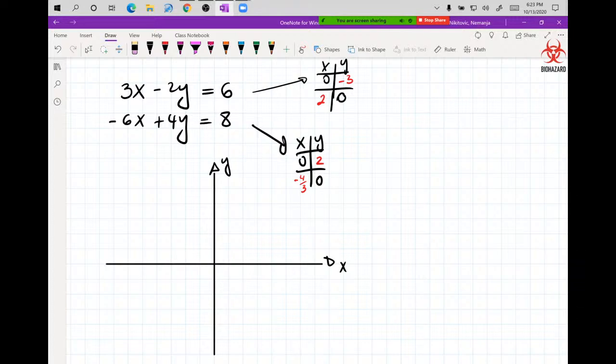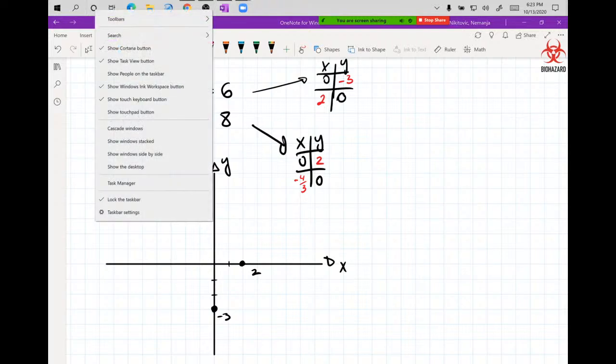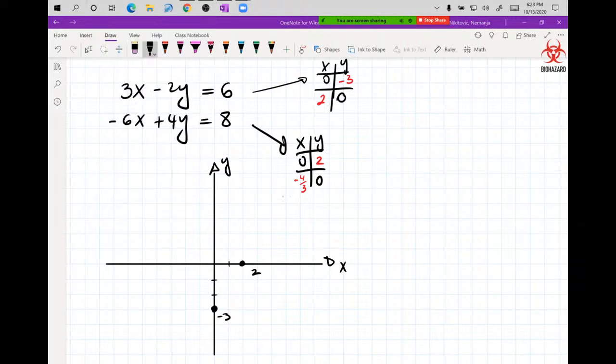All right. So first line is -3 and +2. And that's our line 1.